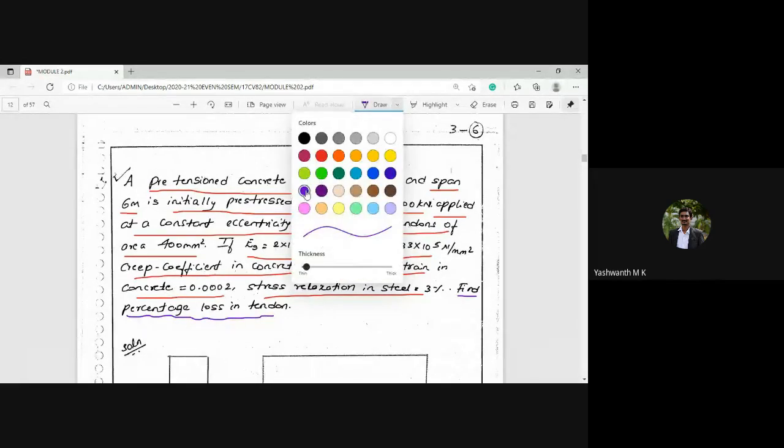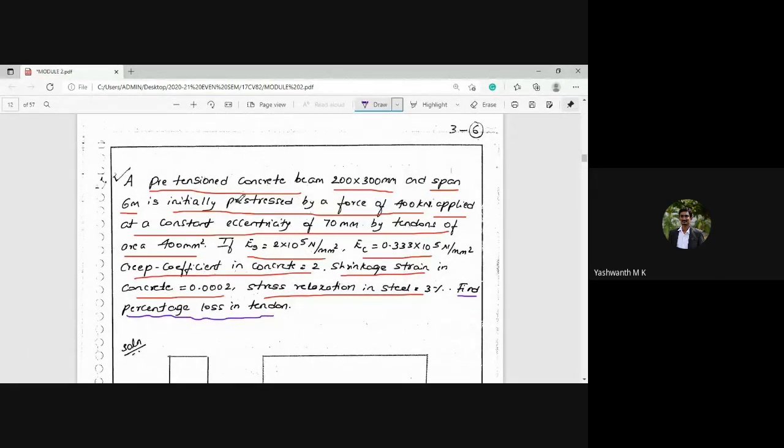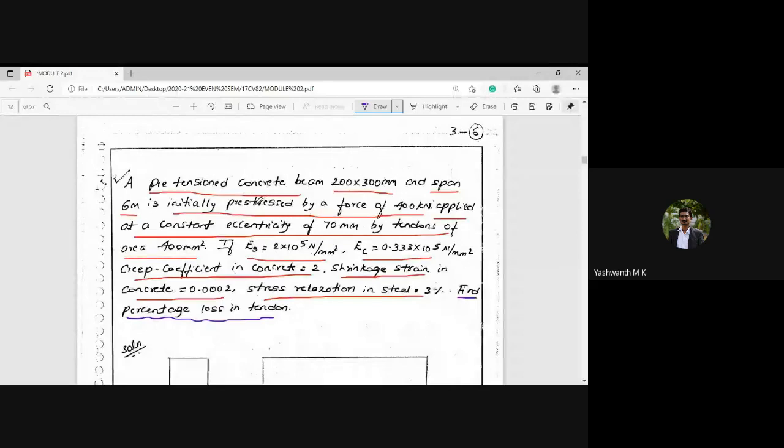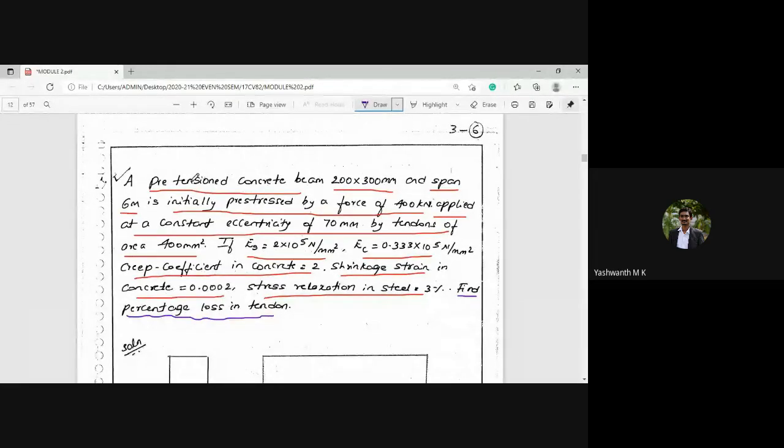So when they give a problem like this in the examination, the first thing we need to observe is whether it is a pre-tension concrete beam or a post-tension concrete beam. Why? Because the loss of pre-stress calculation will vary based upon the type of tensioning system.